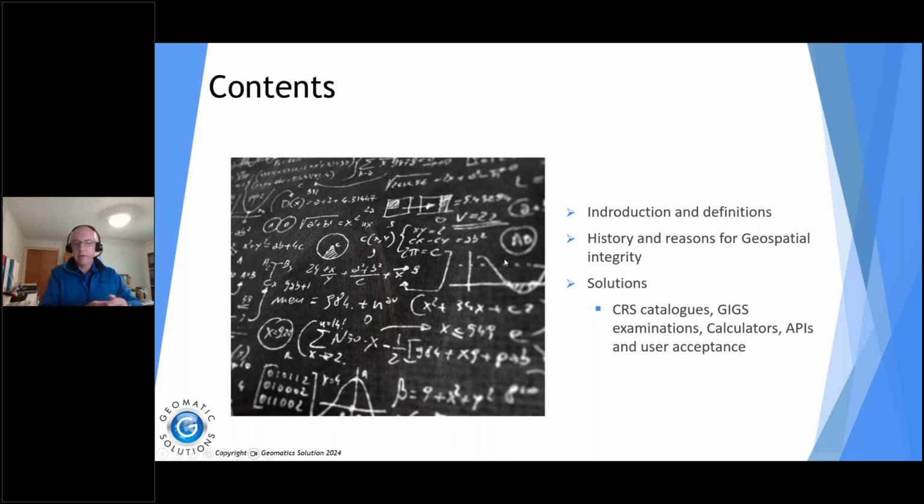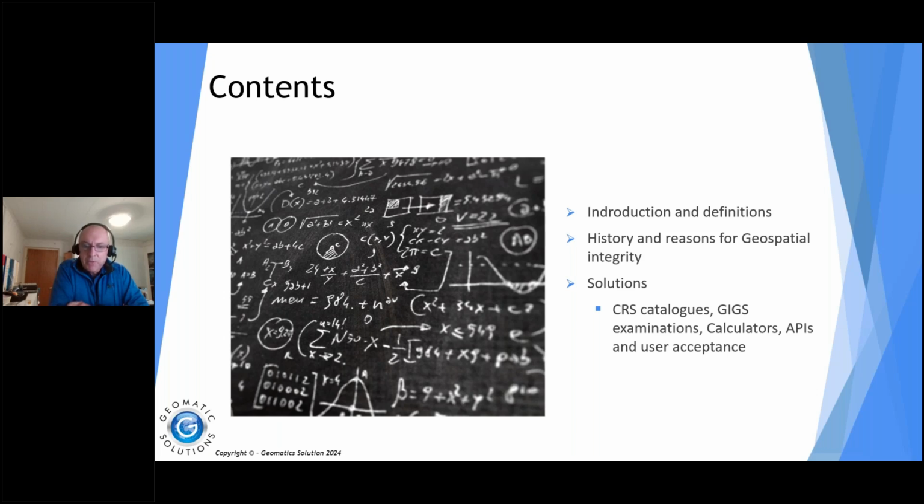Right. So here are the contents of what I intend to talk about today. I'll start with the introduction and the definition of geospatial integrity. Then I am going to touch on the history of geospatial integrity and the reasons why we need to look into this more specifically.